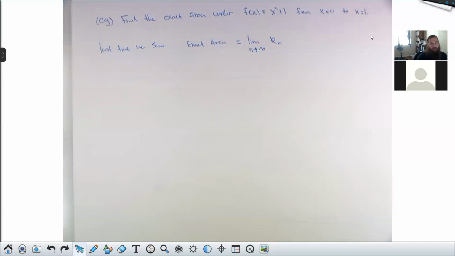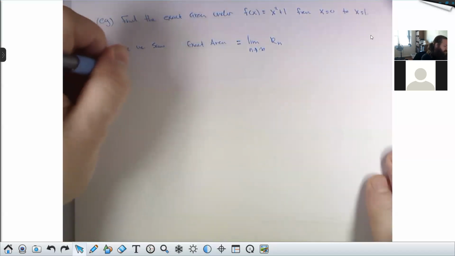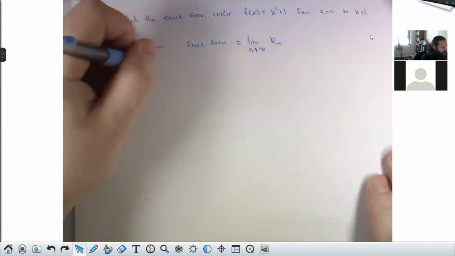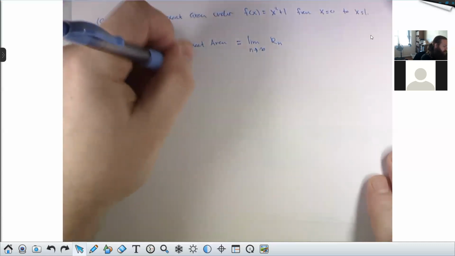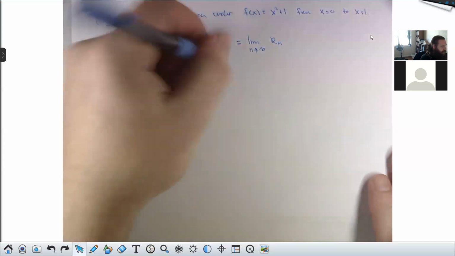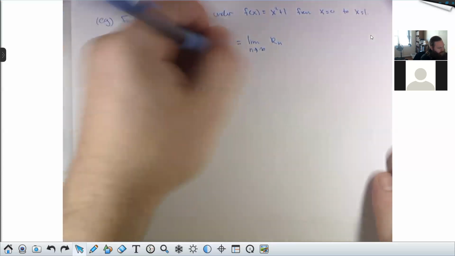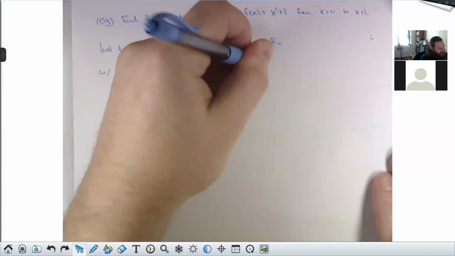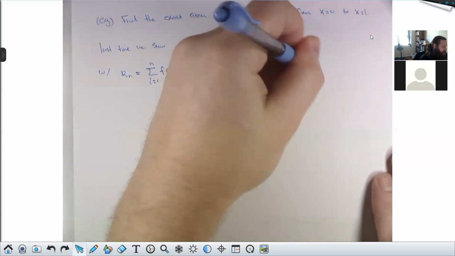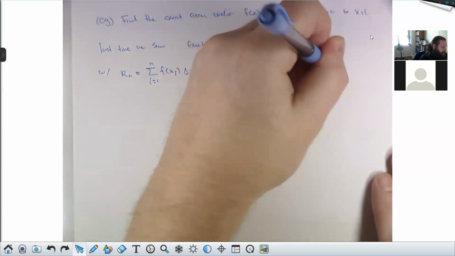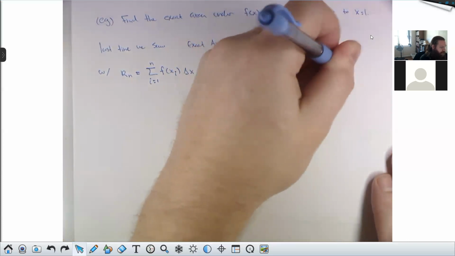So that's what we're aiming to calculate here, where Rn is sigma i from 1 to n of f of xi times delta x. And delta x is always b minus a over n, and xi is a plus i times delta x.